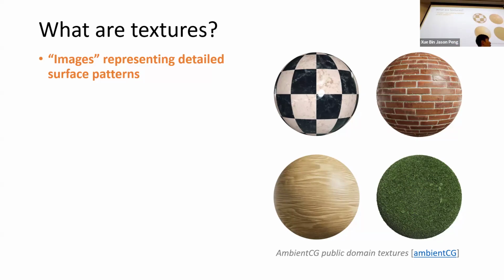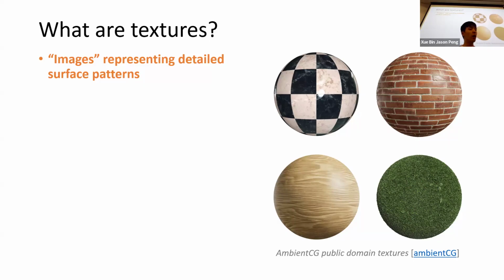So if you want to model all these detailed surface patterns geometrically, this might be extremely expensive. We might have to use a very high resolution mesh that contains lots of vertices and triangles in order to model all the little bumps and crevices on the surface of our object.